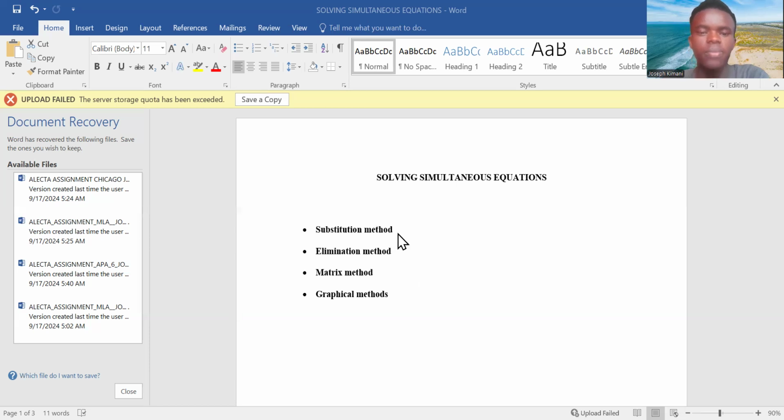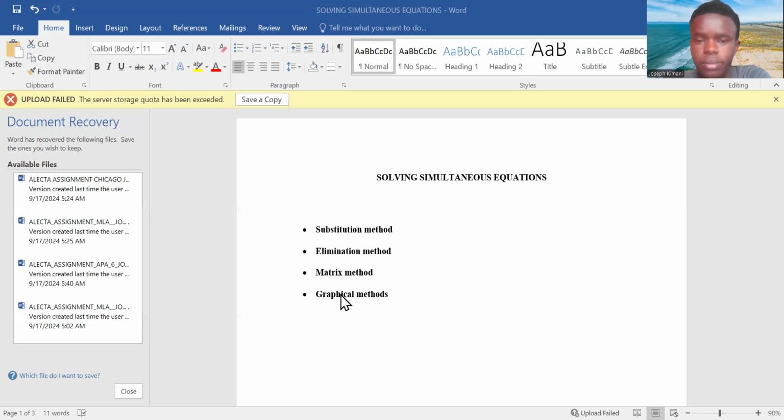Then in Form 3, you did simultaneous equations by the use of matrix methods, as well as graphical methods. Now, all the 4 methods are viable for solving simultaneous equations.